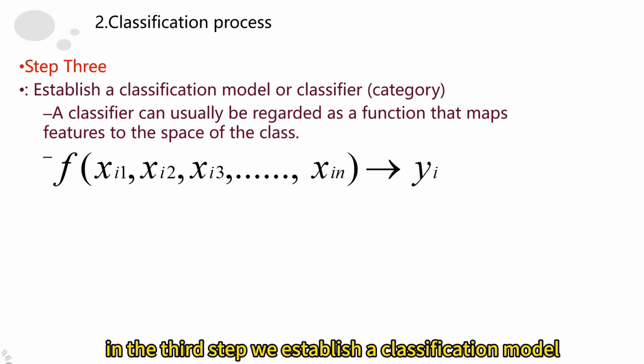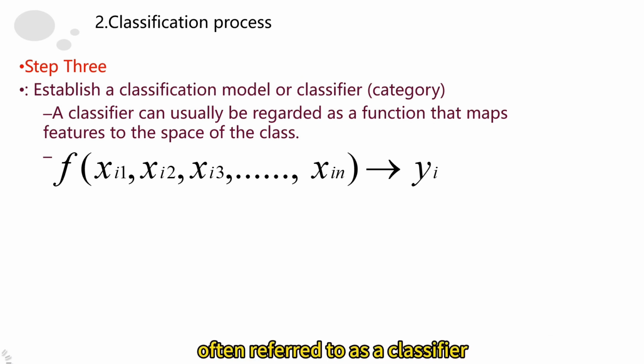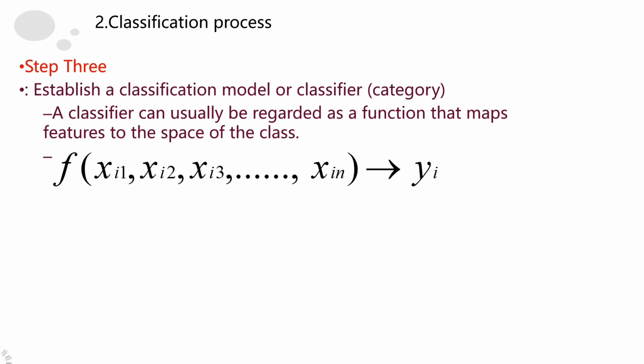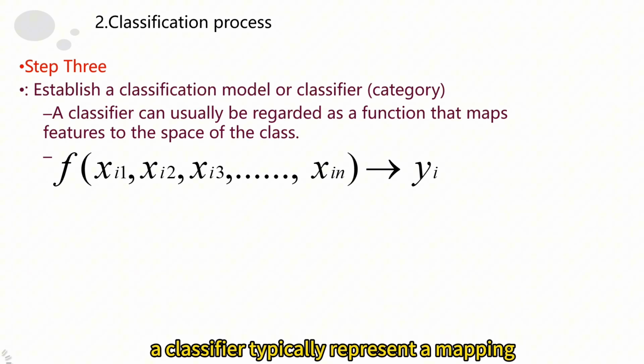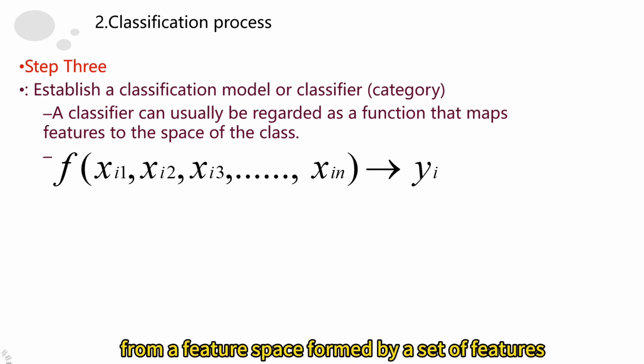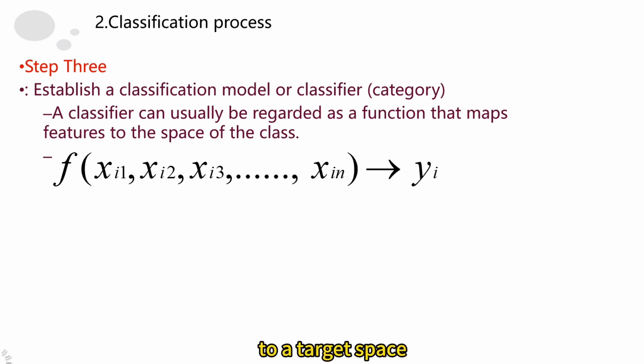In the third step, we establish a classification model, often referred to as a classifier. A classifier typically represents a mapping from a feature space formed by a set of features to a target space. In other words, it's a set of functional relationships, just as depicted by this formula.